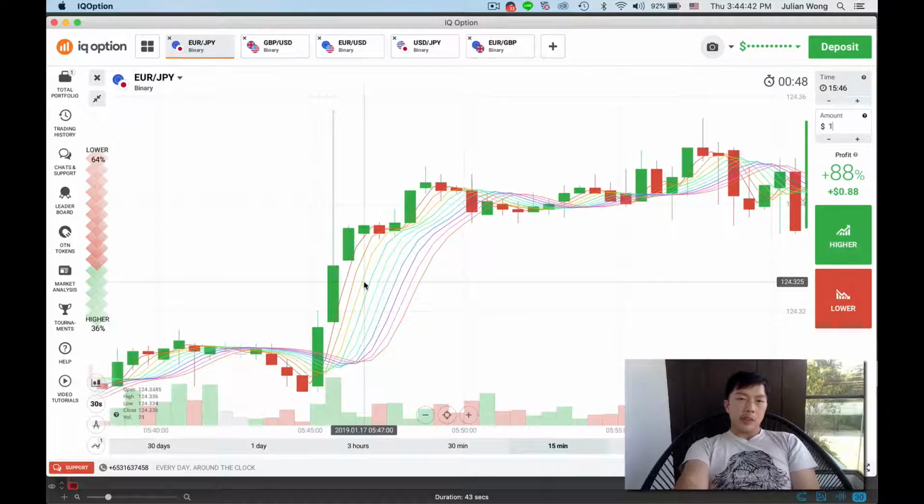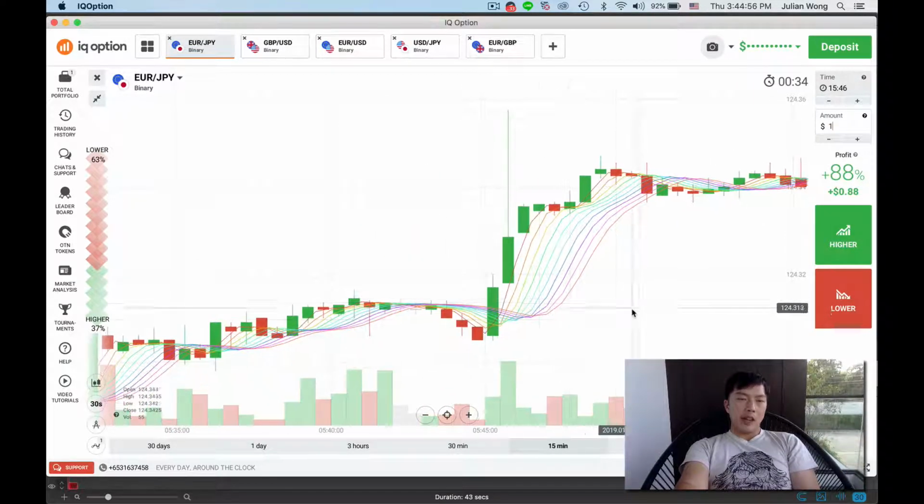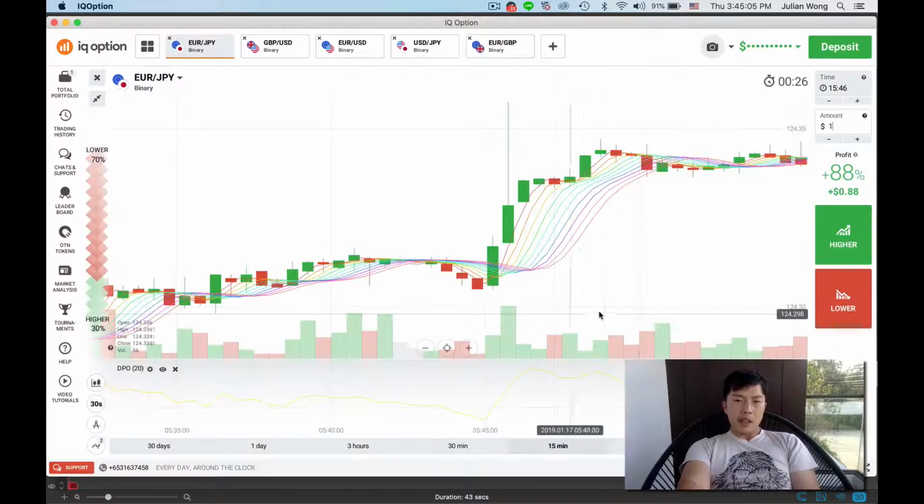So when you see it forming a rainbow, then you know that we're in a trend. And when you see that they're folding, then we know we're not in a trend. So if you want to trade trend, this is a very, very powerful indicator. And you can combine this with the DPO, for instance, and you have a fairly good system. Okay, so here I've just given you a very powerful idea already.